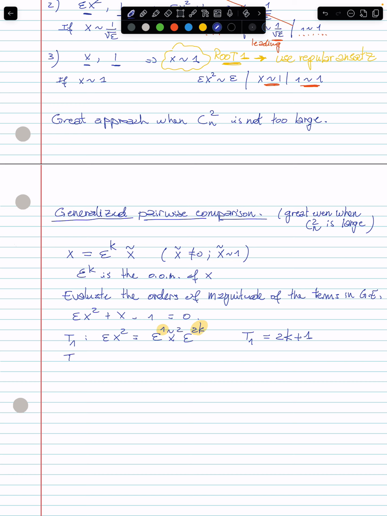Second term, this is x. Okay, so which is nothing but x tilde epsilon to the power k, all right, meaning that the order of magnitude of the second term, which I'm calling T2, all right, so T does not refer to the term itself, but it refers to the order of magnitude of this term, is equal to k.